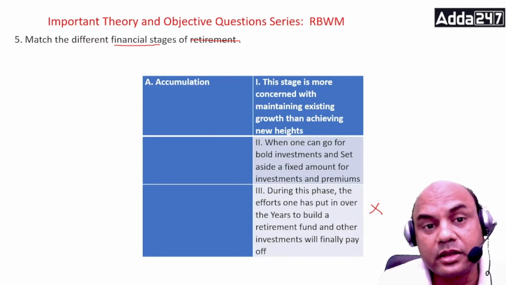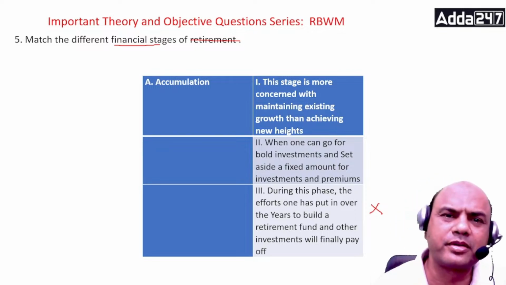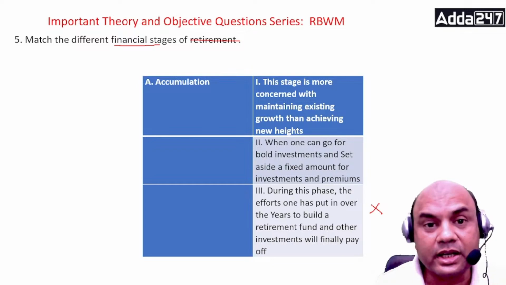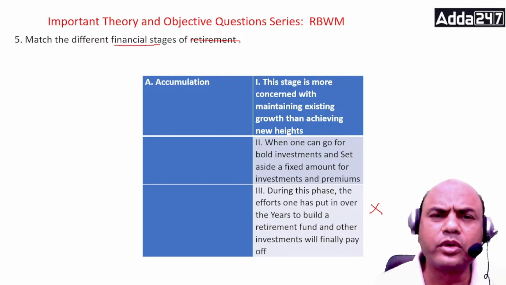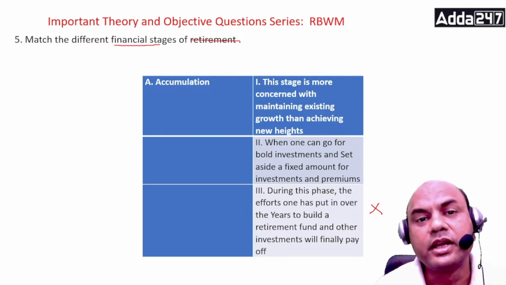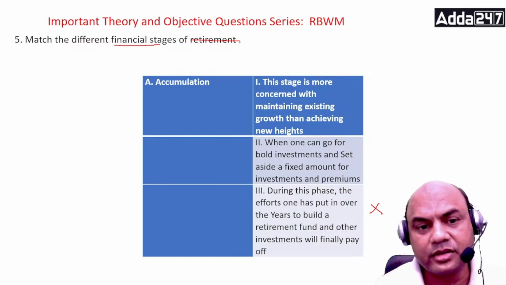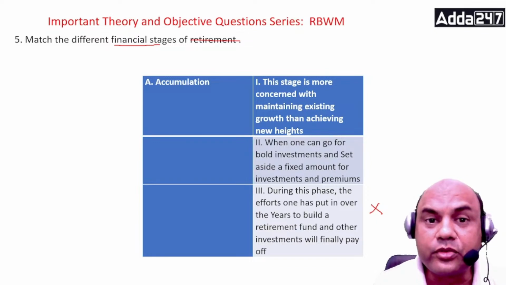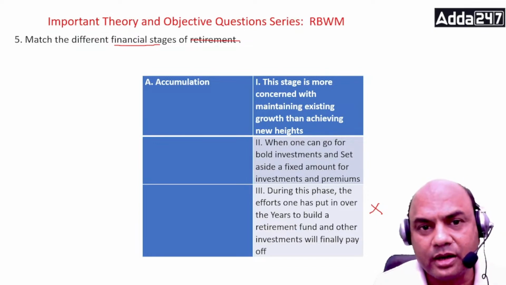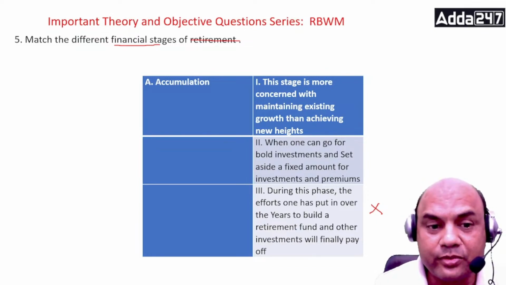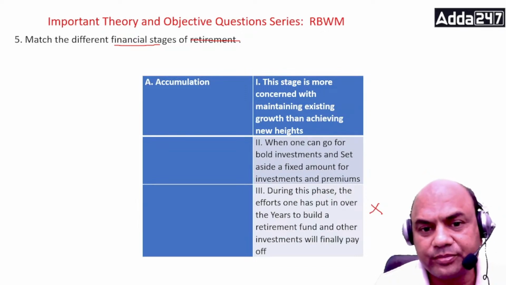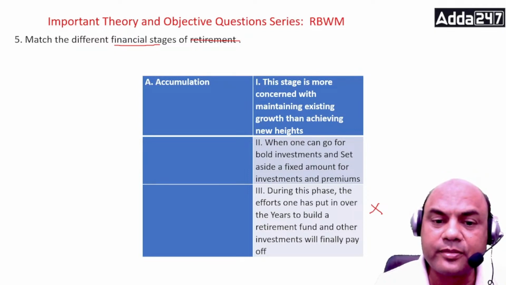I go on collecting the money because I'm newly in the job and getting some salary. So I'll go on collecting the money, starting new EMIs, starting new SIPs, or buying a new flat. Of course, not buying a big bike or big car. That is wrong. That's not an investment phase or accumulation. That's an expenditure. So what can be the answer over here?